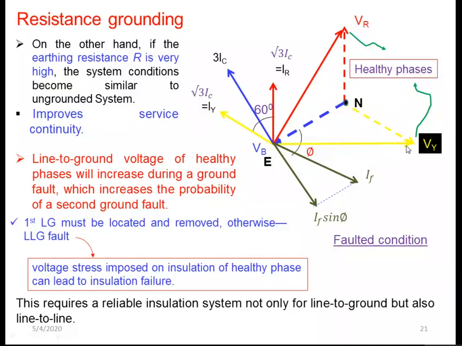Thus it is important that this ground fault current should be located and cleared, actually removed, we can say. Then this needs a reliable insulation system, not only for line to ground voltage, but also for line to line voltage.